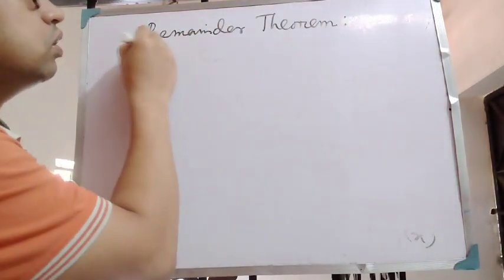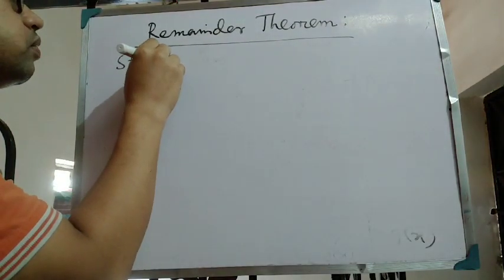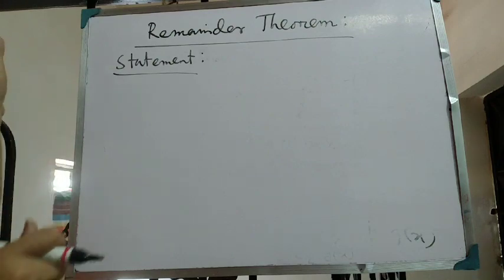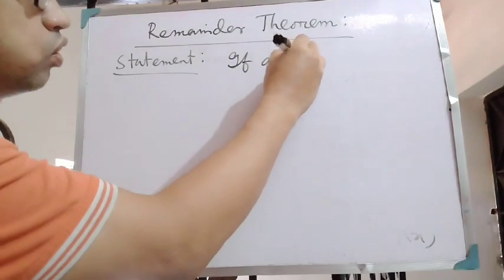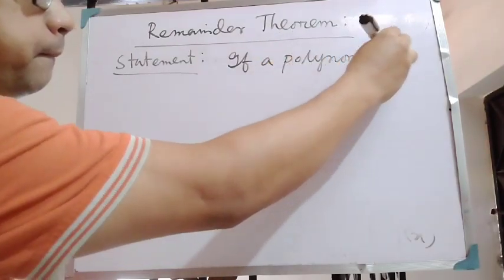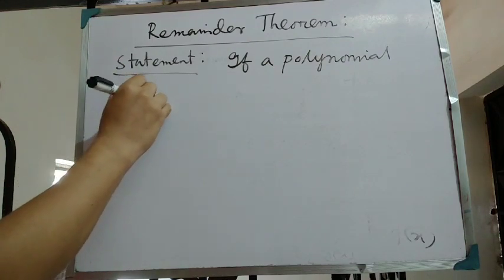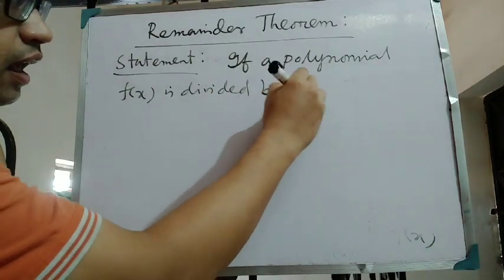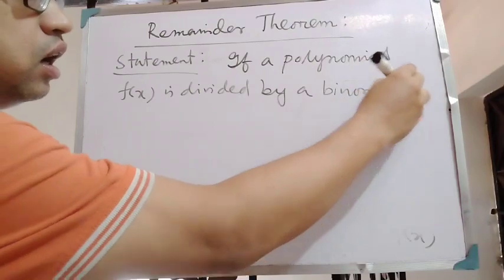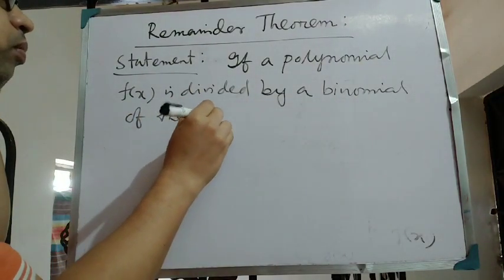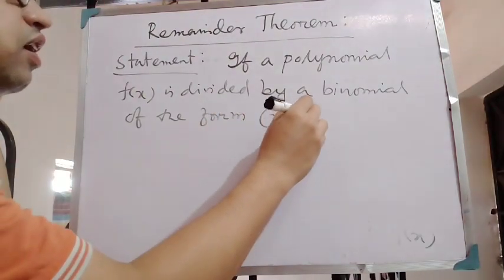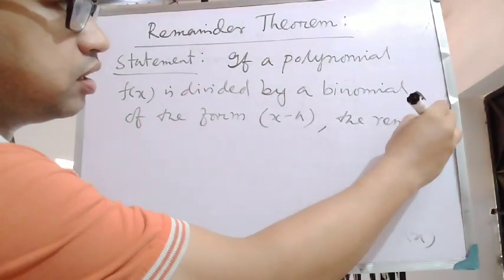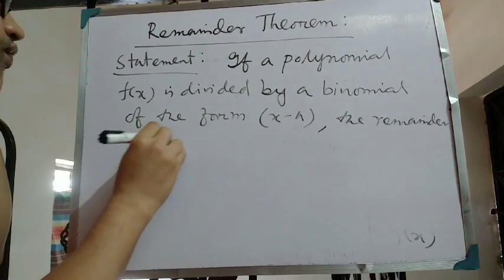Remainder theorem. What is the statement of this theorem? The statement says that if a polynomial f(x) is divided by a binomial of the form x minus h, the remainder is f(h).